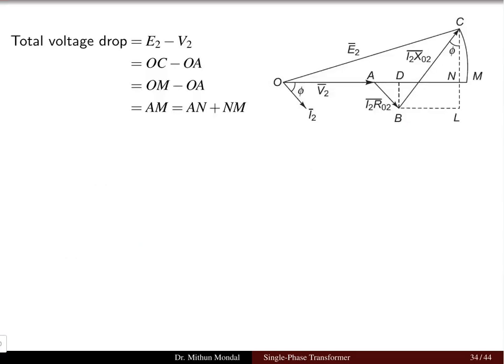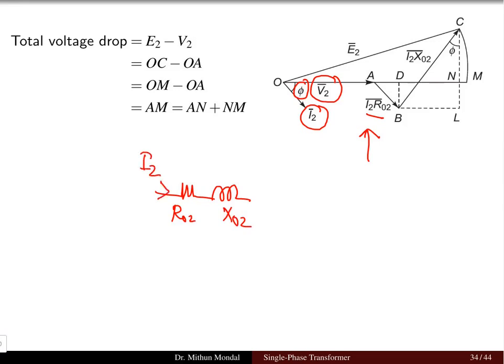Now let us find out what happens to this voltage regulation in the actual transformer. This is the phasor diagram that we have drawn for the transformer, considering it to be a lagging load. As the base or reference quantity, we have taken the secondary voltage, and the secondary current is lagging by an angle phi. Here we are talking about the total resistance R02 and the total reactance X02, and the current flowing is I2.